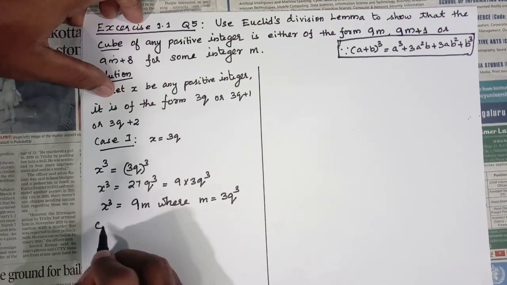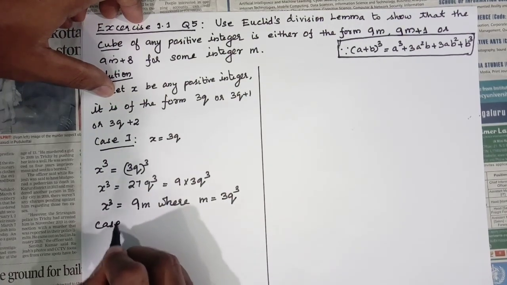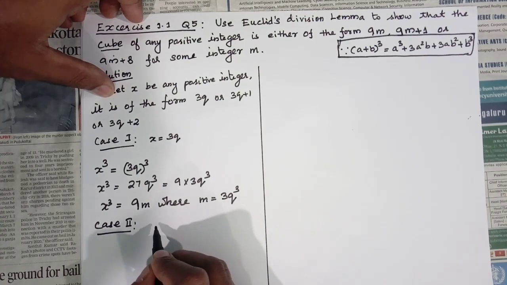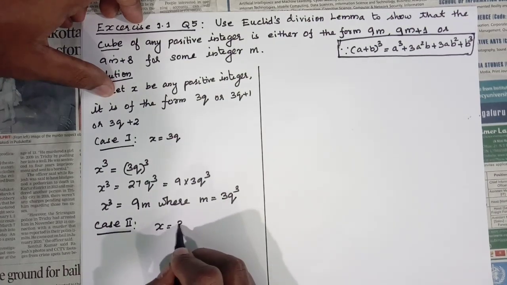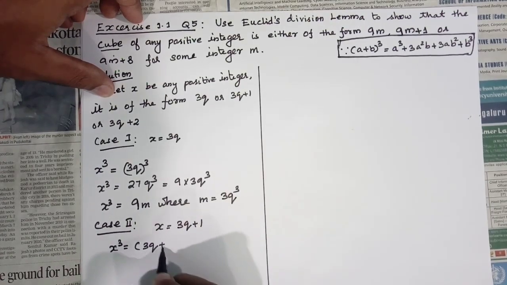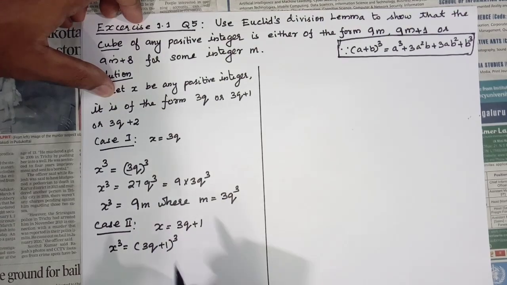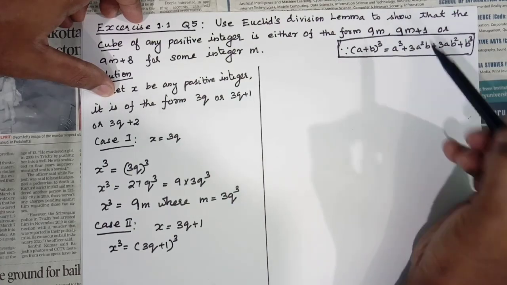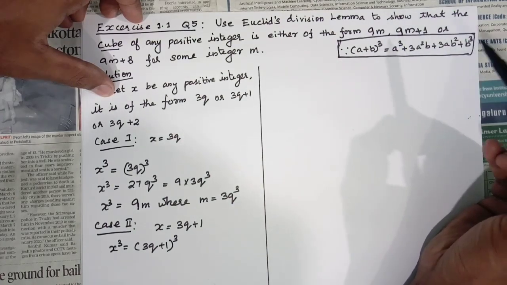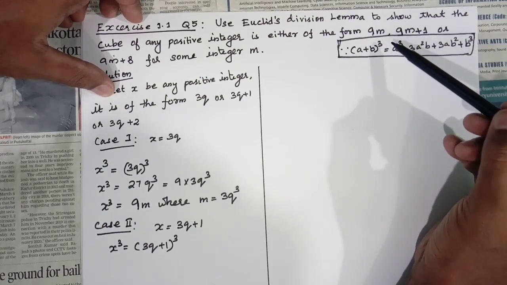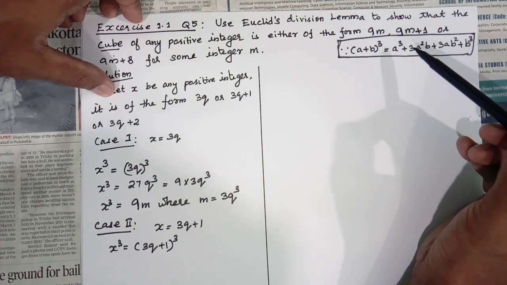Now case 2. We are taking x is equal to 3q plus 1. So cube on both sides: 3q plus 1 whole cube. Now the a plus b whole cube formula. I have written it here so you can recall it.